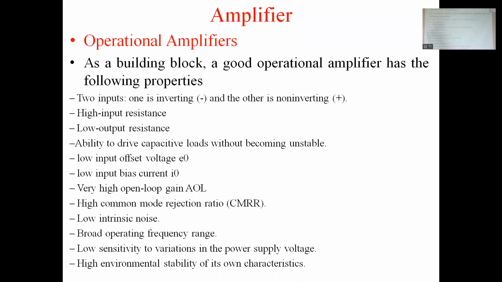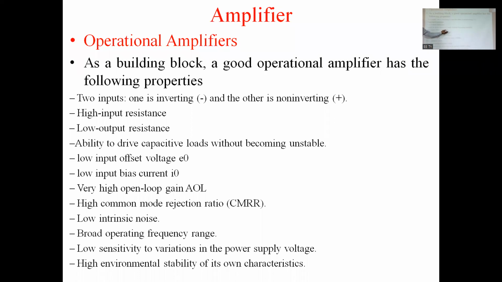Then the ability to drive a capacitive load without becoming unstable. A good operational amplifier is able to drive a capacitive load without instability, so if the capacitive load is there, its operation remains stable.